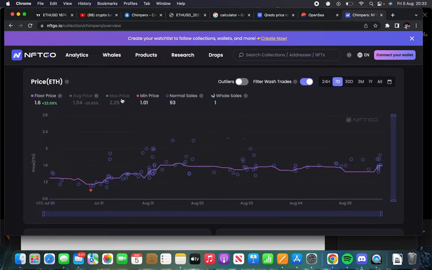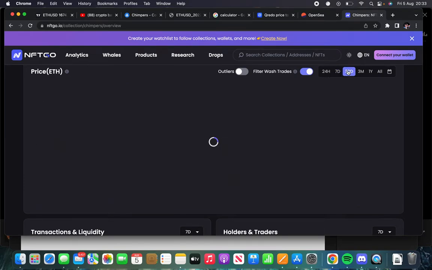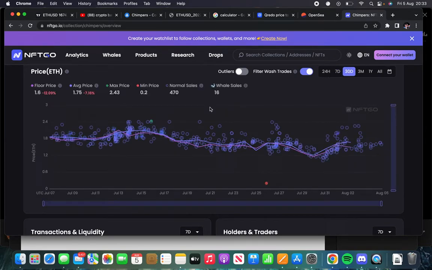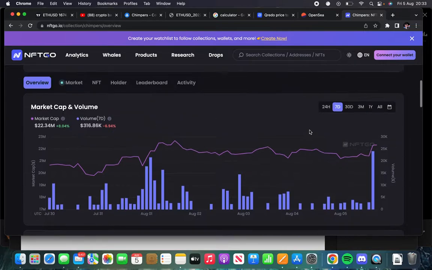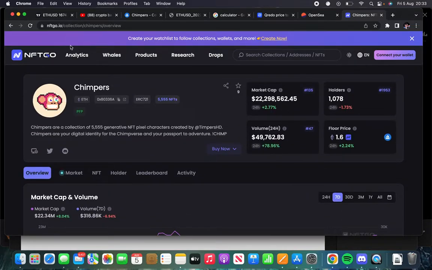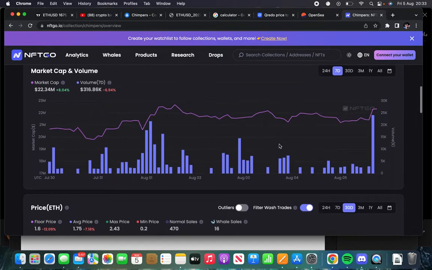Yeah, there we go. Before I mention that, this is a free website that's actually pretty useful, called nftgo.io, and it shows some pretty cool things. You see the holders, the market cap of a project, and this is all free as well.